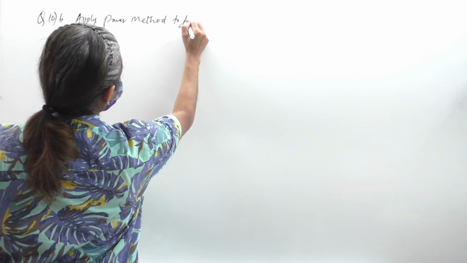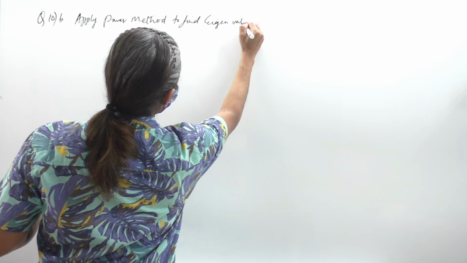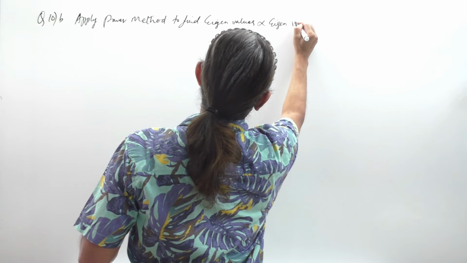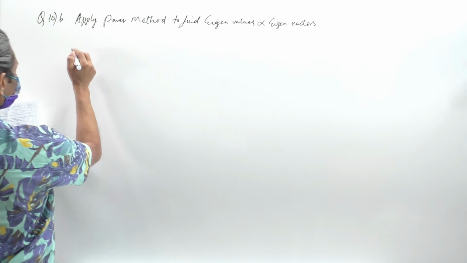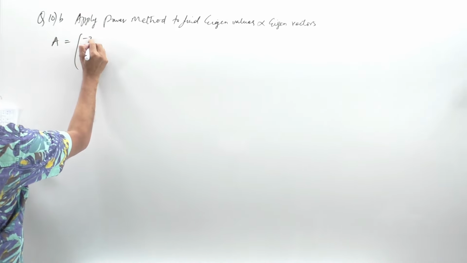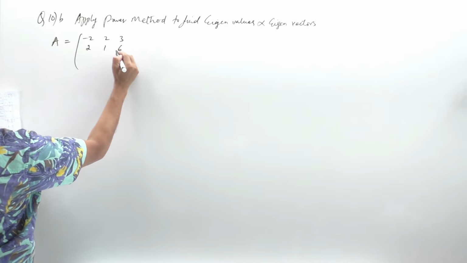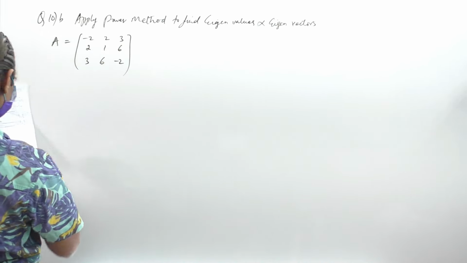It's also called Rayleigh's power method, to find eigenvalues and eigenvectors. Okay, let's solve this question here. So the question is given as, I'll take this as A is equal to minus 2, 2, 3, 2, 1, 6 and 3, 6, minus 2. This is the question.